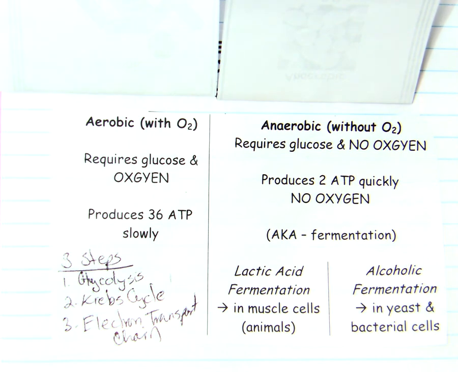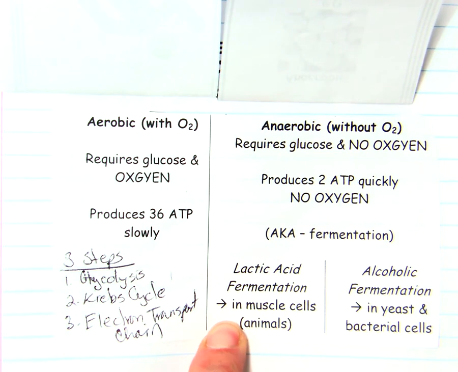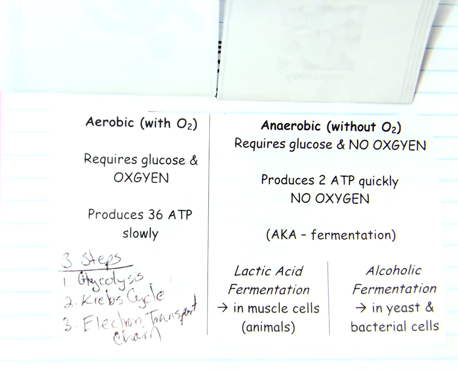When your coaches make you do conditioning and run and run and run, what they're doing is helping your body to develop more efficient blood circulation so that you don't go through lactic acid fermentation as quickly. They're not just doing it to be mean.